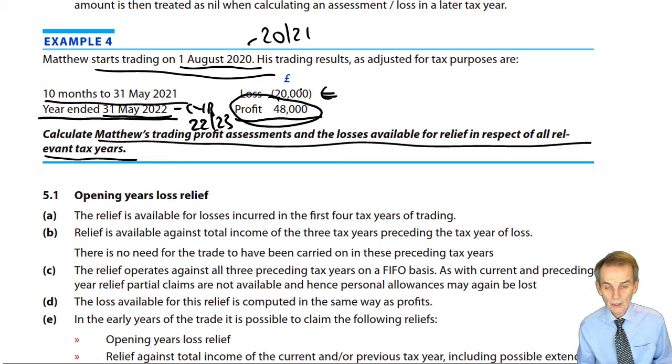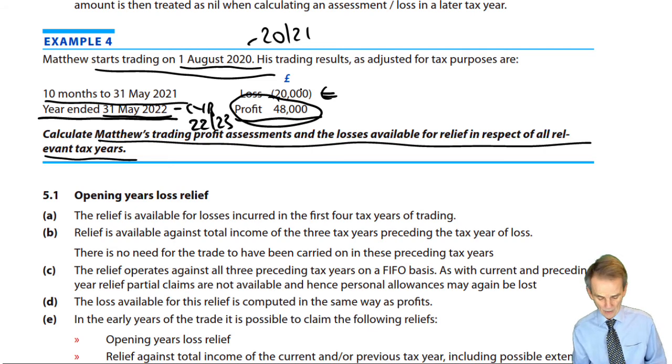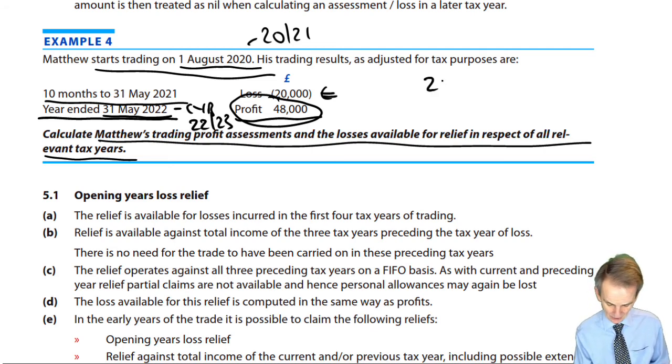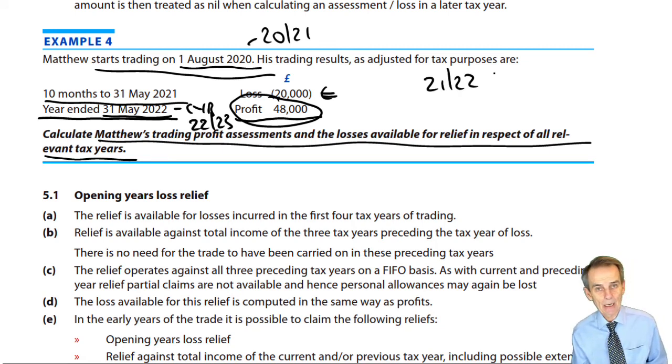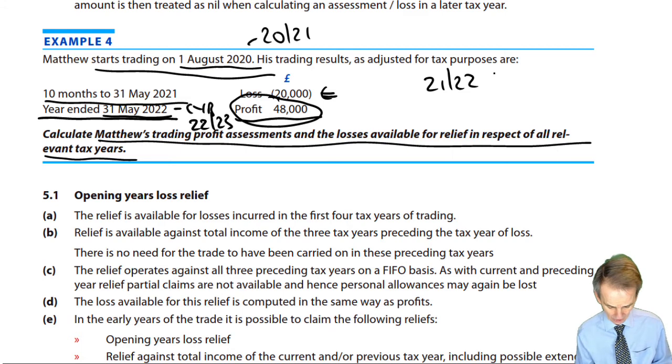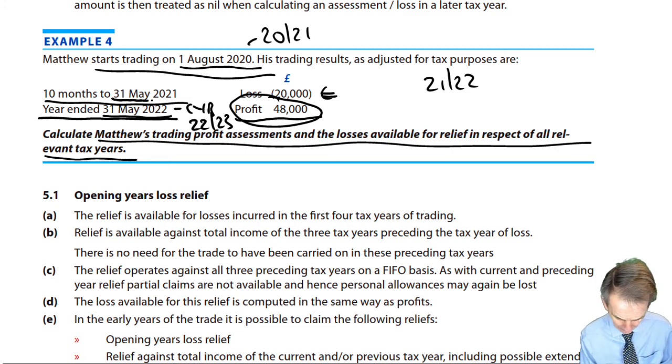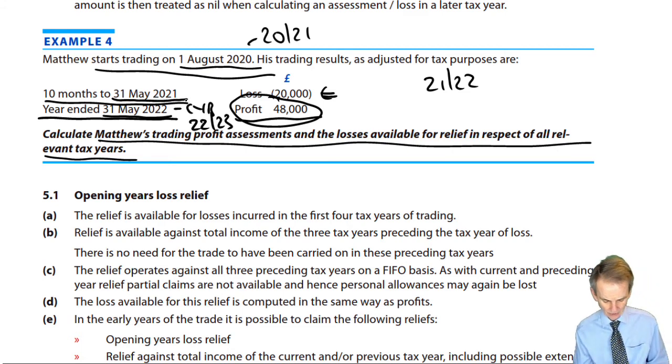The problem one, as it always is, is the second tax year, 21-22. We look to see in 21-22, do we have any accounting period that ends in that tax year? There's your opening period, 10 months to 31st of May 21. Yes, that ends in the 21-22 tax year. How long is it? It's less than 12 months.